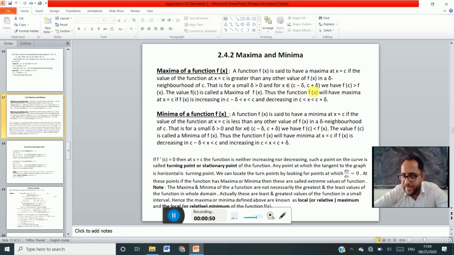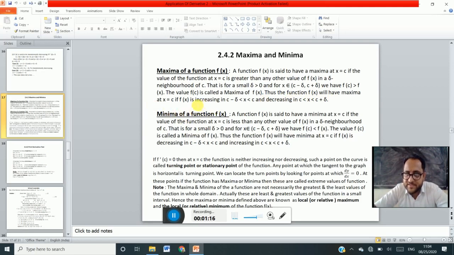Here c plus delta is the positive, right side neighborhood, and c minus delta is the negative, left side neighborhood, right? So we have f of c greater than f of x, and the value of f of c is called the maxima of f of x.